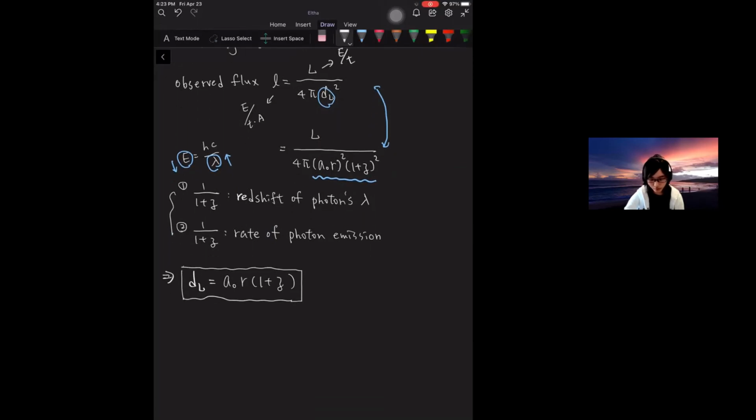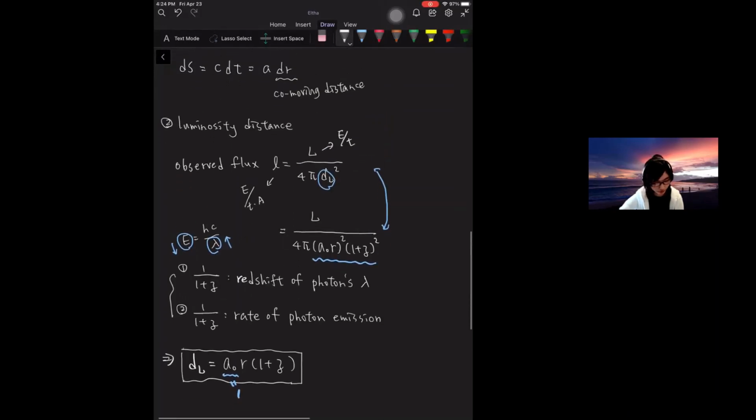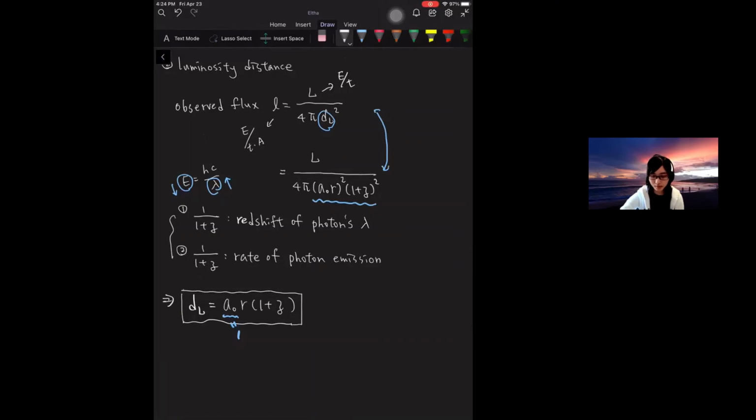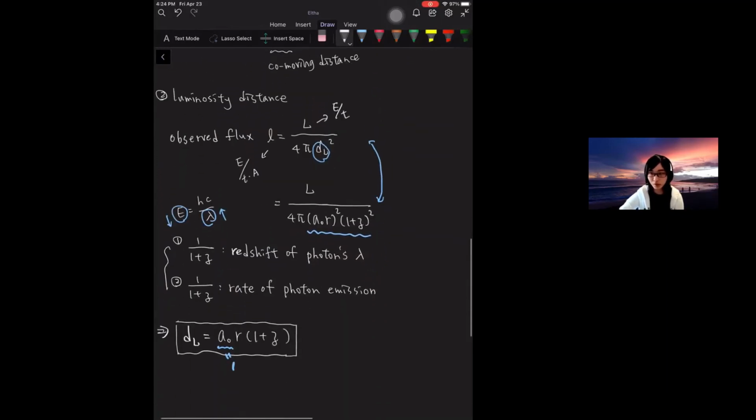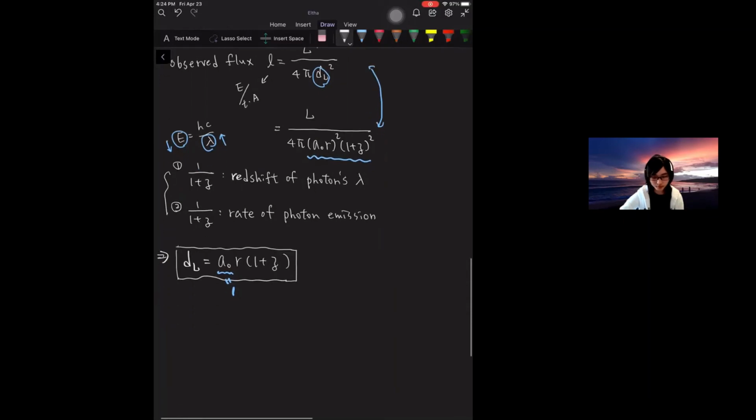And we know that A0 is the scale factor today, so basically this is just 1. So that's the definition for luminosity distance. Next, I will talk about the angular diameter distance. But before that, any questions so far?